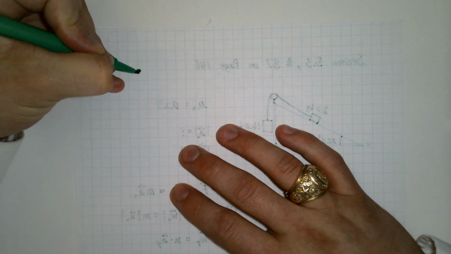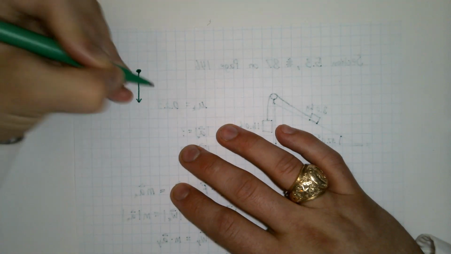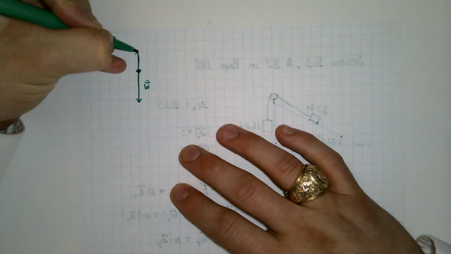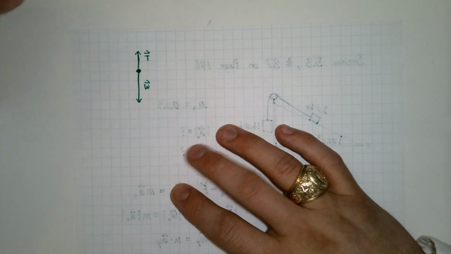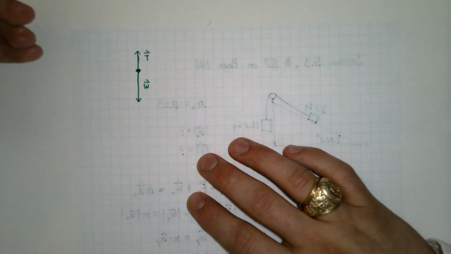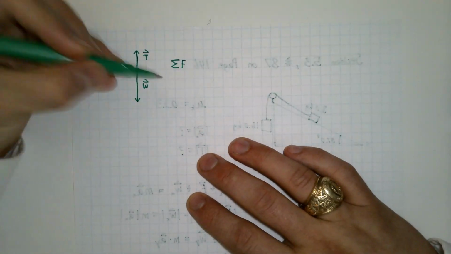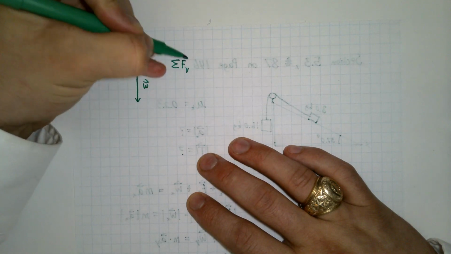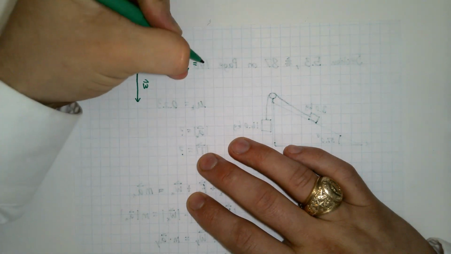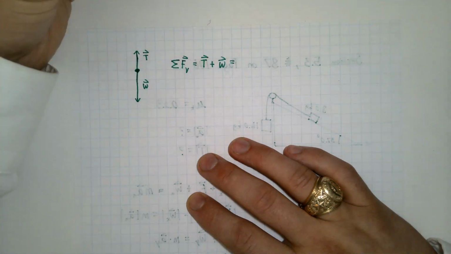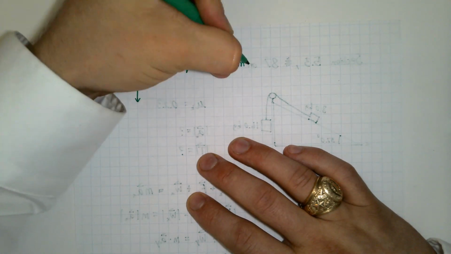We have the weight of that block, and we have the tension of the string that's attached to the block. These would be our forces in the y dimension. We have tension and weight equals the mass times our acceleration.